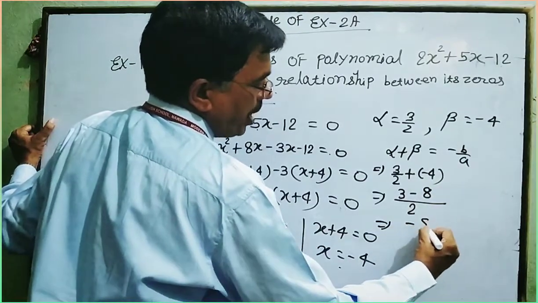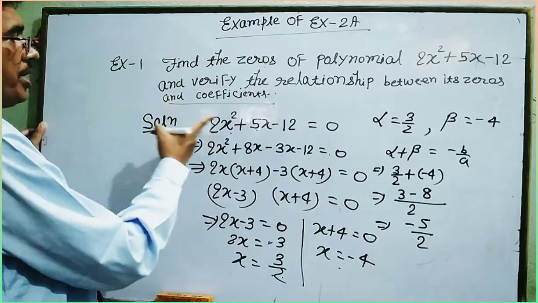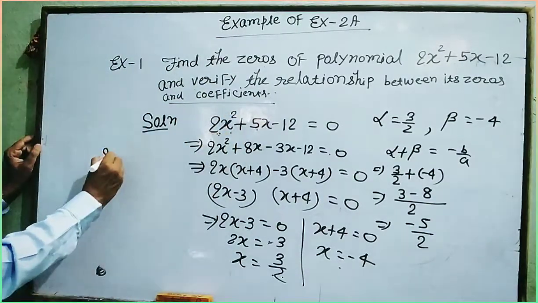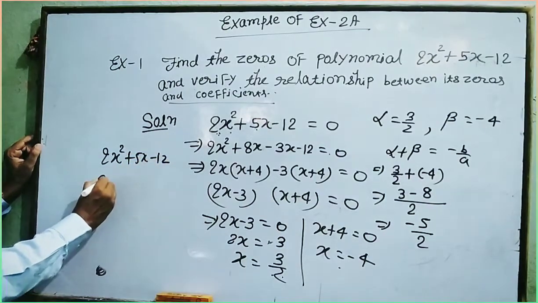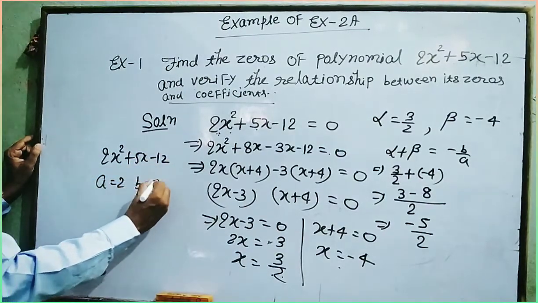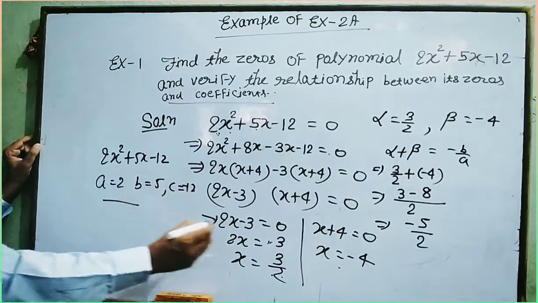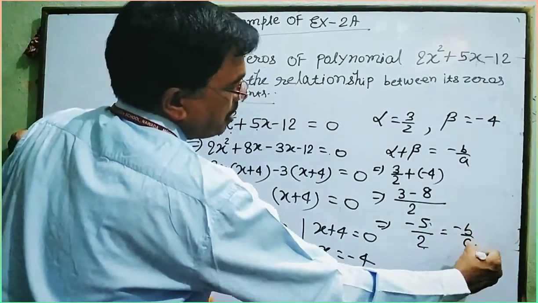It is minus 5 by 2. Dear student, you write clearly. Here the equation is 2x square plus 5x minus 12. A is 2, B is 5 and C is minus 12. So the relation gives minus 5 by 2, then it is clear, minus b by a.